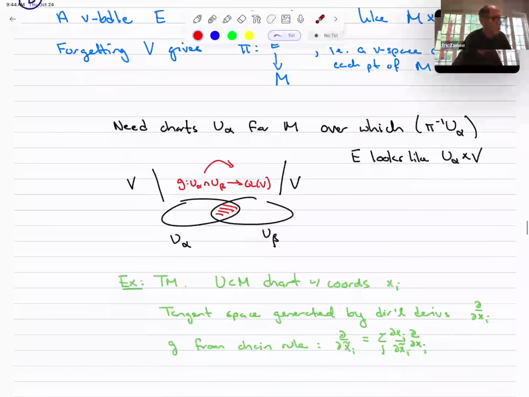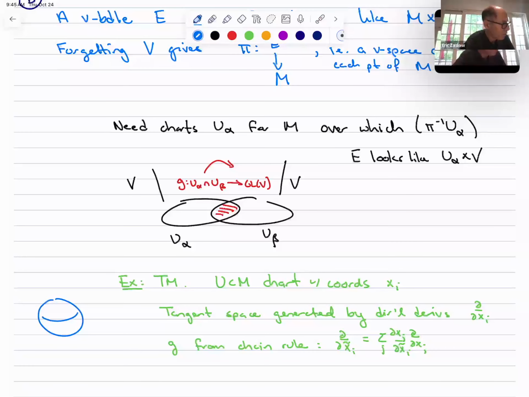You've seen this before: the tangent bundle, namely the set of all tangent planes on a space. We can think of the two-sphere, which is always a good example. At each point on the two-sphere, there's associated a vector space, which is the tangent plane at that point, and where that point is the 0 of that vector space.